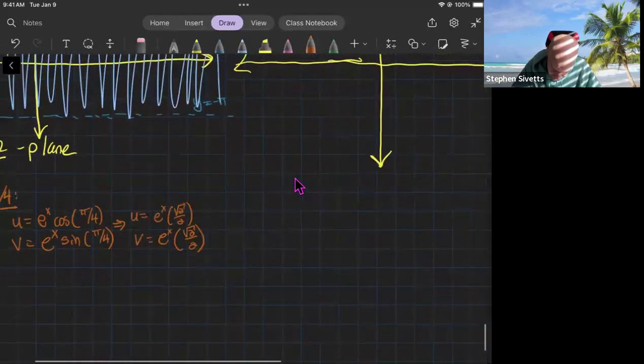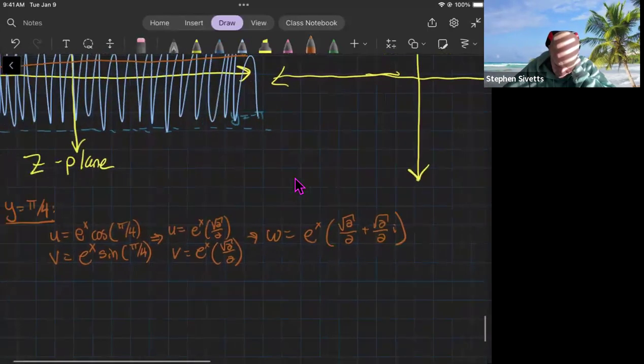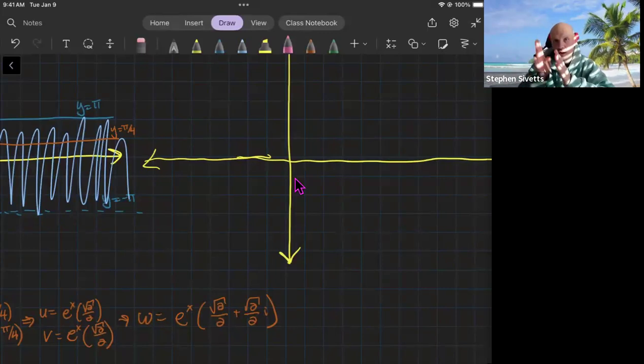So the complex value w would equal e to the x times root 2 over 2 plus root 2 over 2 times i. Okay, so what this implies is that for w, this would be just a positive ray that's shooting out in the direction of the argument of this complex number.